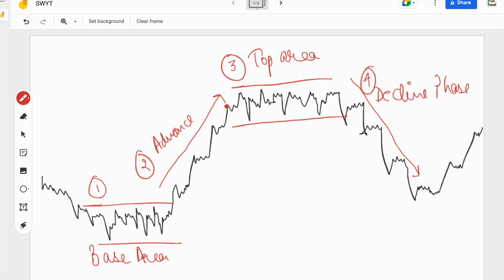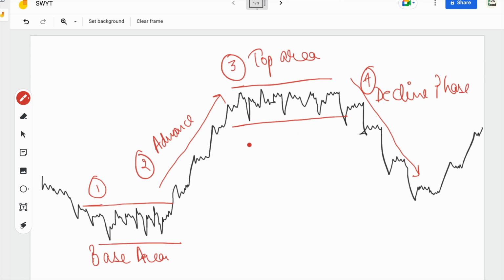After the advance area, there is a top area. That is the area beyond which the prices are not able to push themselves up. Then comes a decline phase where the prices keep going down. And that is called stage 4 or the decline phase. This is how he divided the stock market or any chart of any instrument.